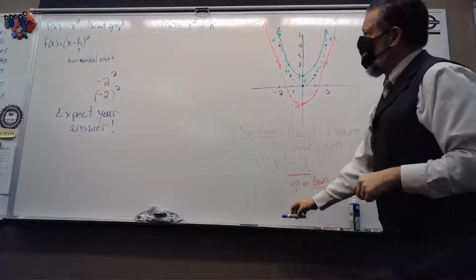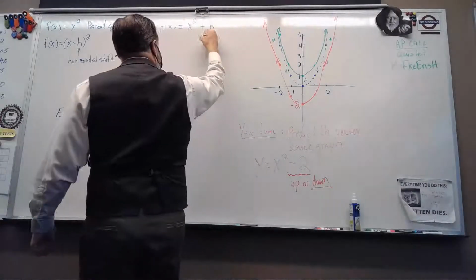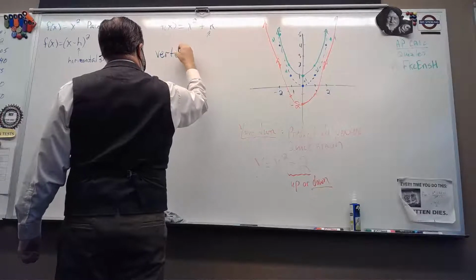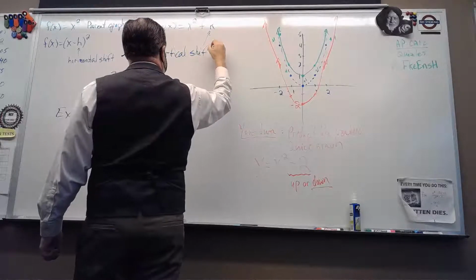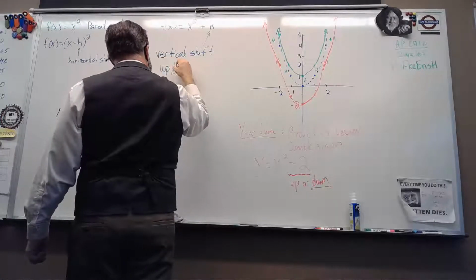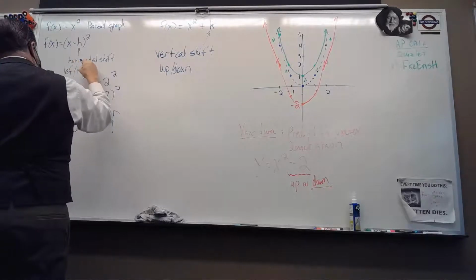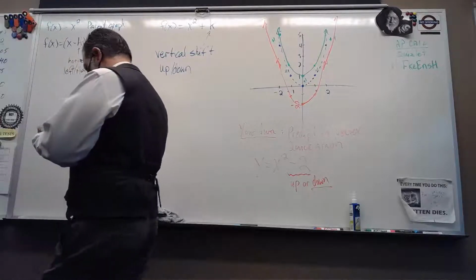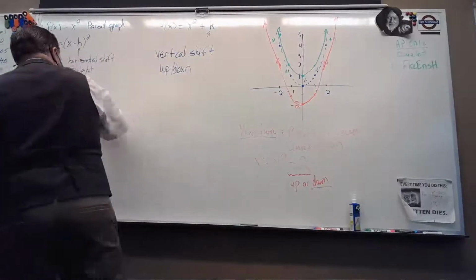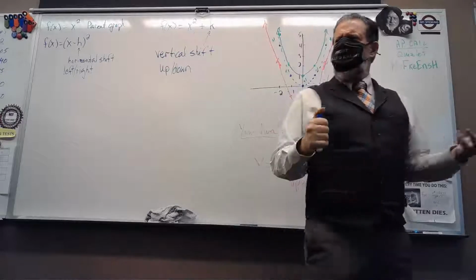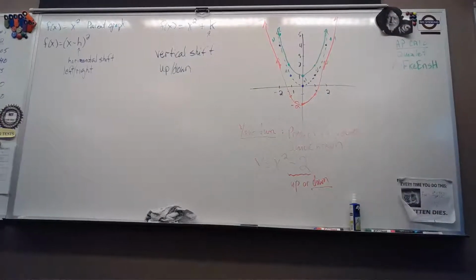So let's make a little note of this. k is the vertical shift. Remember vertical, up, down; horizontal, left, right. How do you remember which is which? Well, h stands for horizontal, right? So that's easy. What does k stand for?